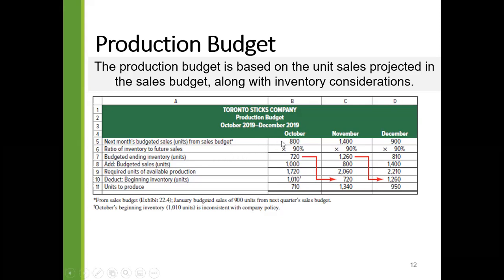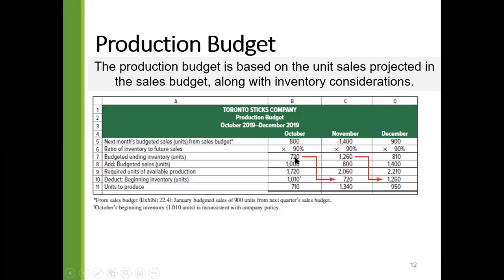And so if we have budgeted sales of 800, and then we want to end with 720. And then let's see, next month's budgeted sales, 800. Ratio of inventory to future sales, so we want 90% to stay in our inventory.